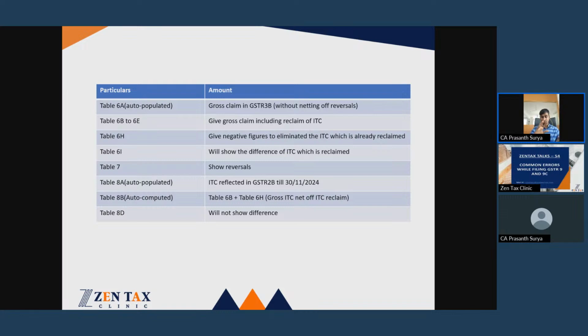So there are two separate activities that the department intends to do. One is comparing the gross ITC reflected in GSTR2B, GSTR3B and GSTR9. Another is the ITC they deem ineligible, versus our ITC reversal in GSTR3B and our reporting in GSTR9. These are the two activities that they wish to compare with respect to the ITC part.